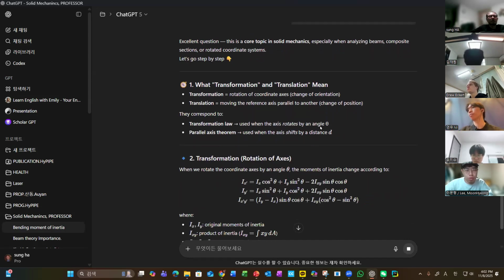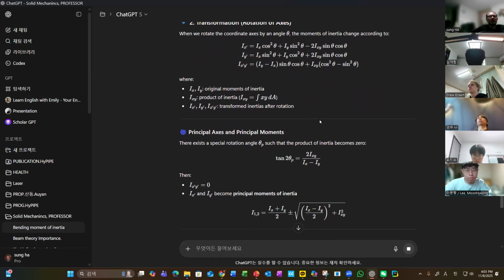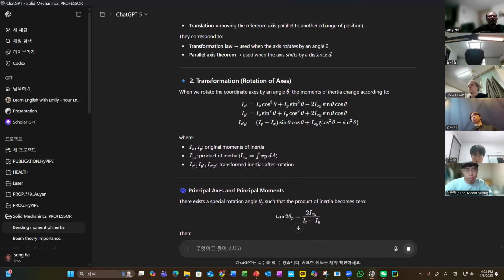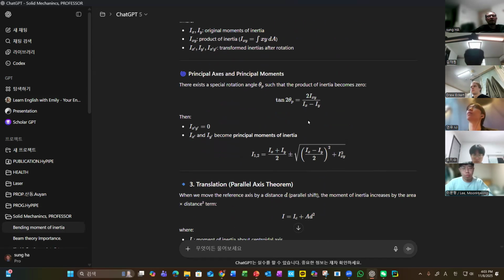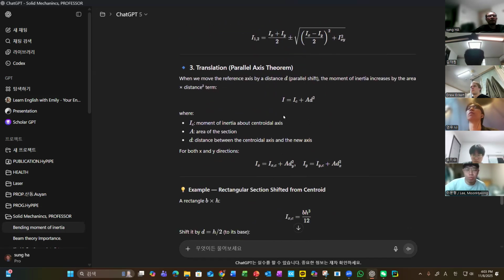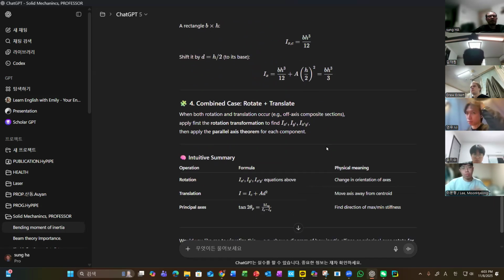See, these are the equations, and it's exactly the same observation as in stress: the maximum shear stress, maximum, and the principal values, exactly the same thing can appear here. And for translation, the parallel axis theorem is the one we just covered.